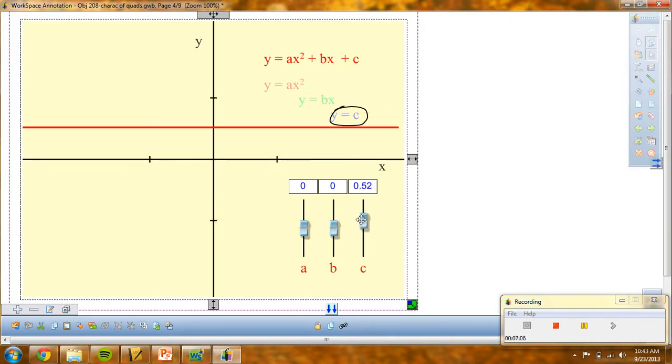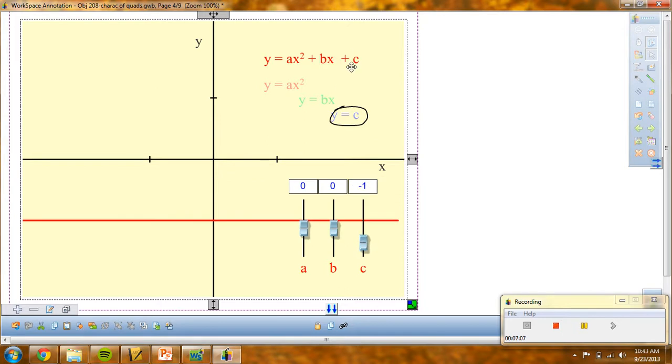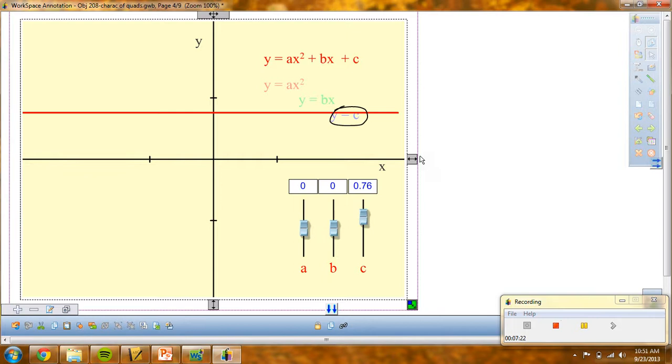So really, just like we had our b in y equals mx plus b, the constant was where our y-intercept was at. The same thing happens in our parabolas.